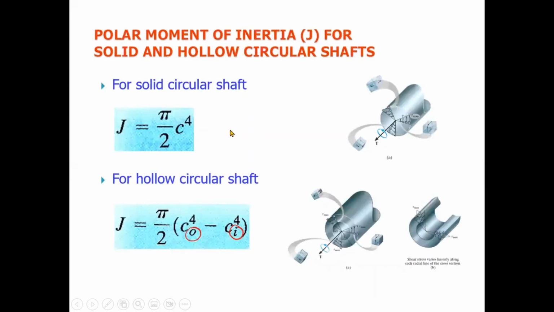Now, this is a solid circular shaft, so the formula for J is pi by 2 C to the power 4. It is pi by 2 times 15 to the power 4, which is 79.5215 times 10 to the power 3.